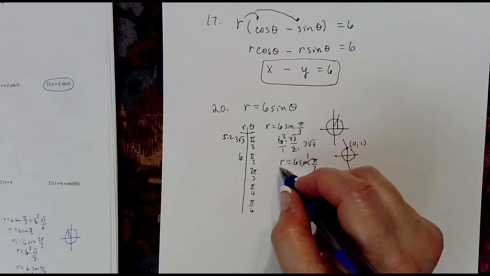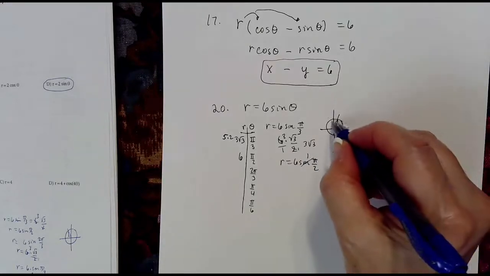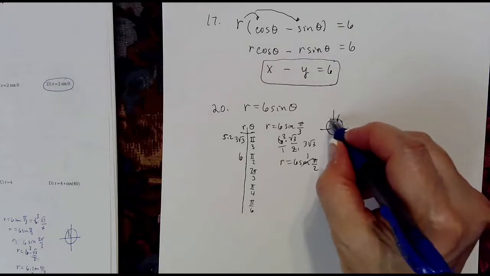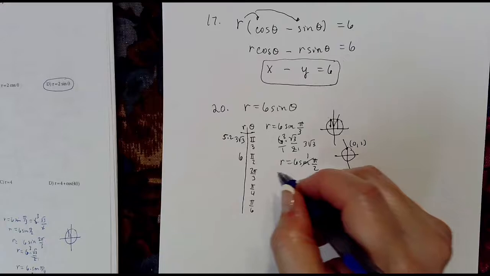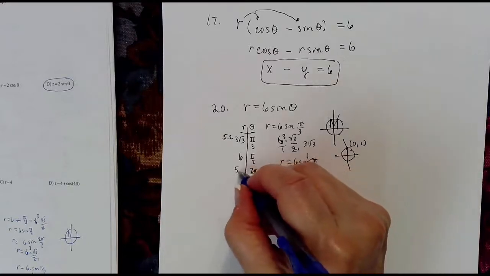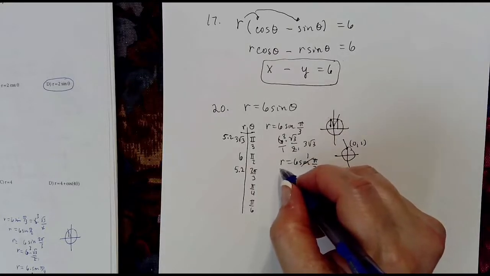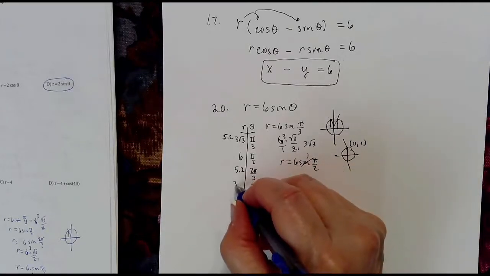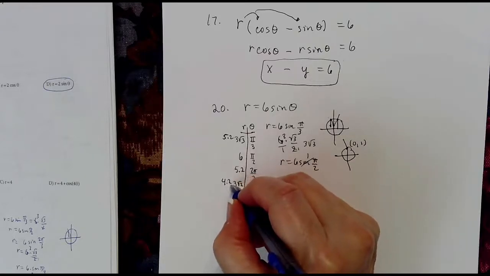Now, when you think of symmetry, if pi over 3 is on this side and 2 pi over 3 is on the other side, then these two are probably going to be the same thing when plugging in. When we plug it in, we do get the same thing, so we get 5.2 again. Pi over 4, I'm just going to tell you what you get: 3 square roots of 2, and that comes out to be 4.2.